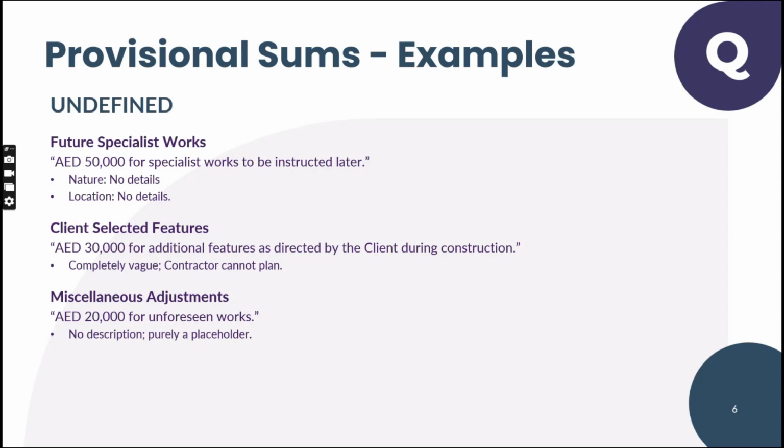Then there comes the third item, undefined proportional sum items. The cost consultant and the design consultant will list out the undefined items and look into them, because they are very experienced people. They put something called contingency. In the budget, they will put an amount called contingency against these undefined items.